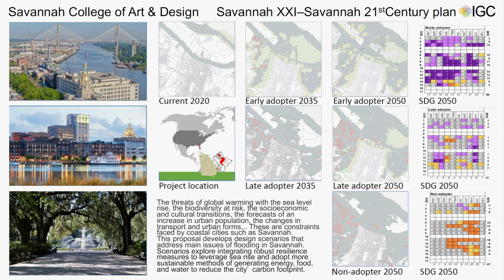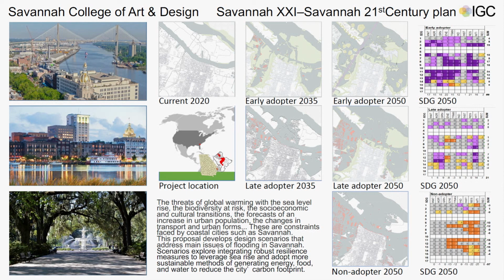Savannah is also 20 minutes from the ocean. So we have all of those different amenities, and you could see the city has a lot of trees. The city looks like an urban forest. So it's a city that is really rich in all of the environmental benefits that it offers.